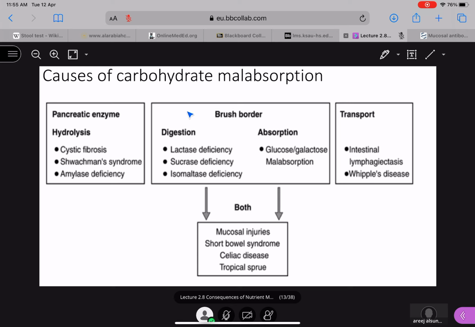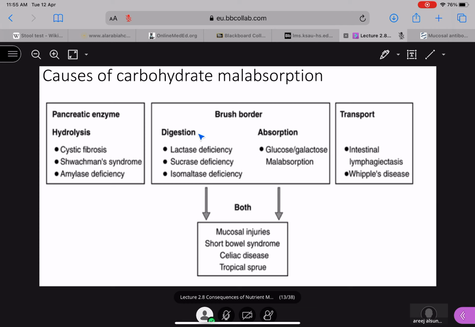The second, and this is the main cause of disease in carbohydrate malabsorption, because as we said, in the final step, all poly and oligosaccharides will need to be digested by the brush border enzymes, lactase, isomaltase, saccharase. So if we have a brush border problem where this enzyme is inactive and cannot work, then we will have carbohydrate malabsorption.